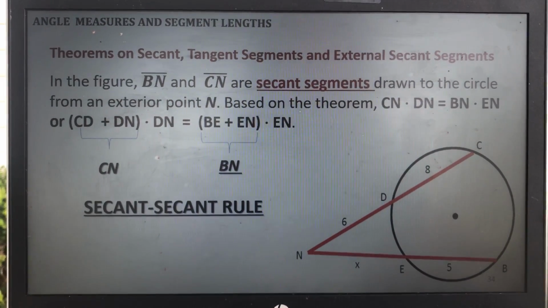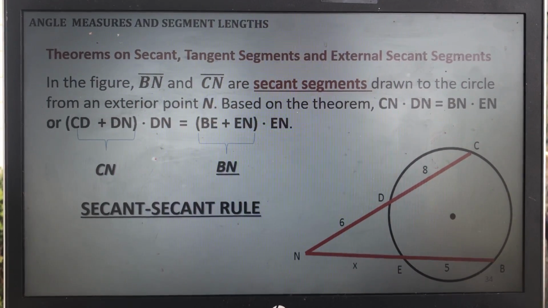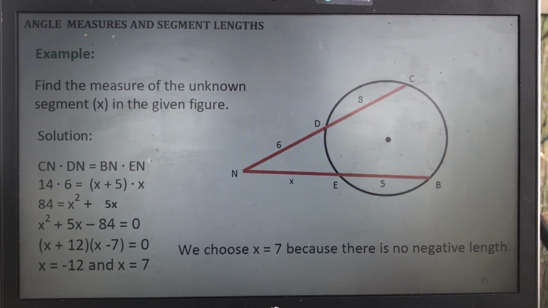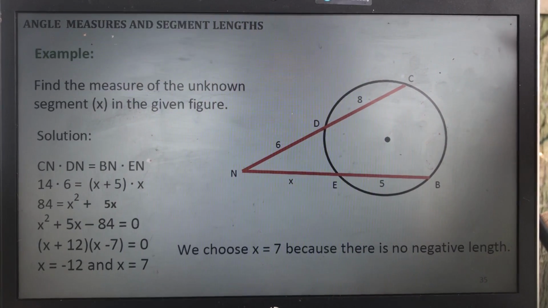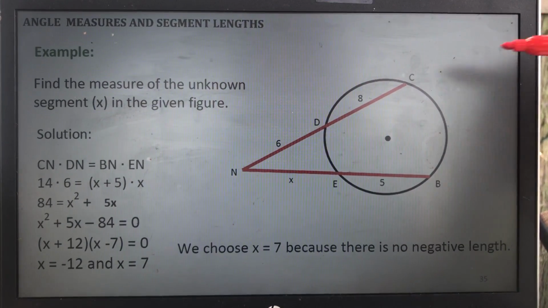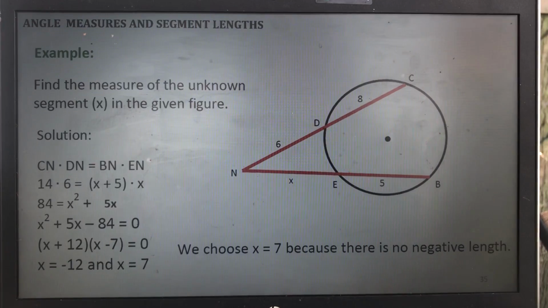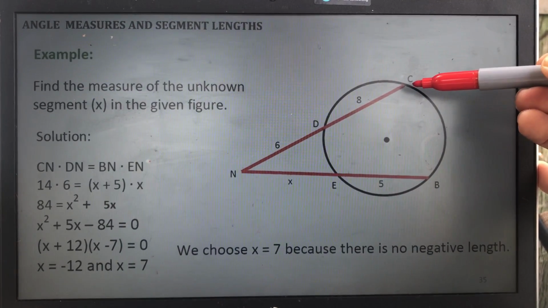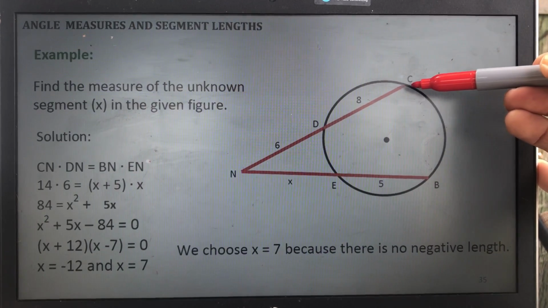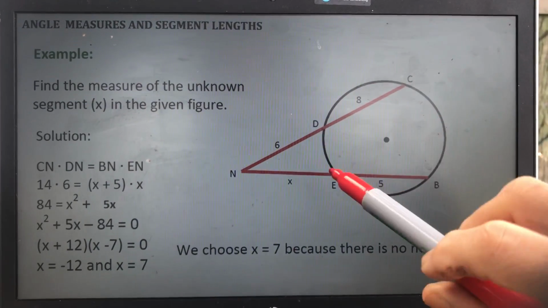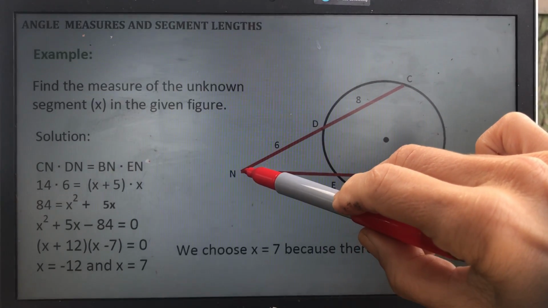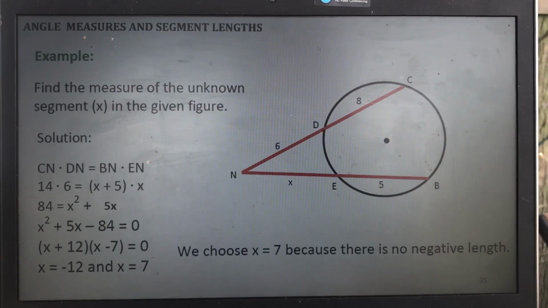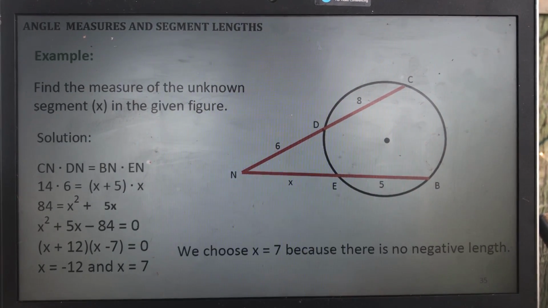Now let's use the same example model and put it into the following example. In this case, we have to find the measure of the unknown segment x, which is this one, in the given figure. So our model presents the following. We have a circle and we have two segments, which are also secant segments, and they both meet at the exterior point, which is N. So applying our secant rule, first we establish our equation, which states as follows.